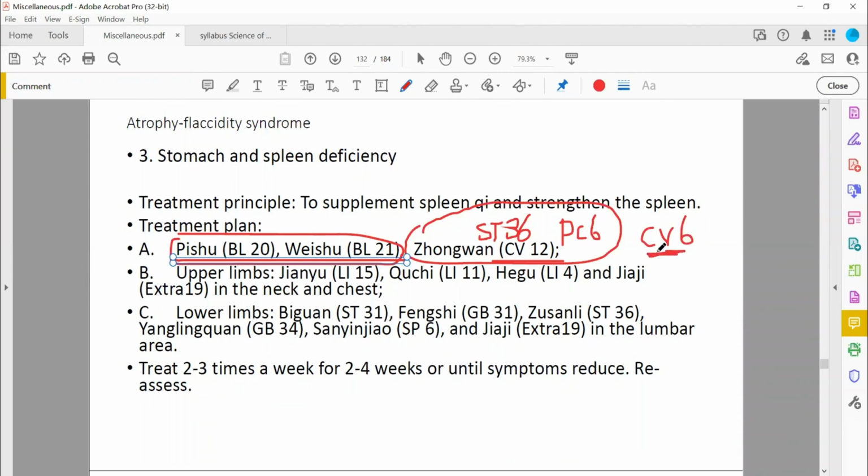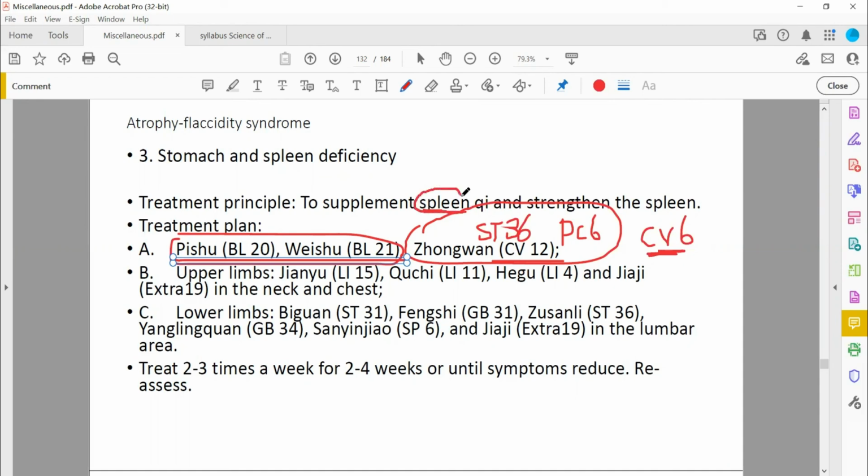That's a very good one, to tonify qi, to tonify the blood. And also to supplement the spleen.